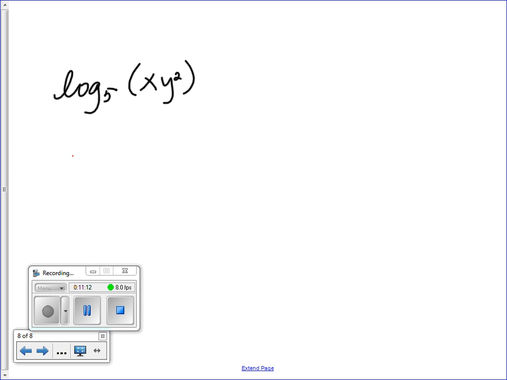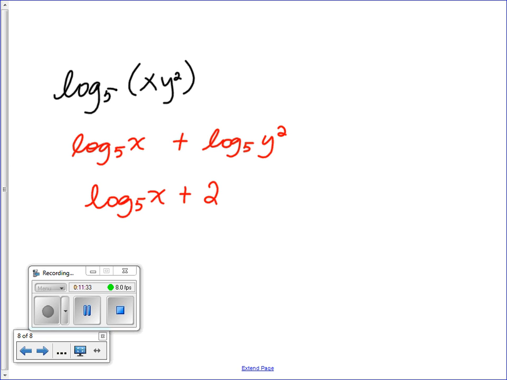Right? Log base 5 of x plus log base 5 y squared. Is there anything else that can be done to this with our properties we just learned? Yep, that 2 can come to the front. Log base 5 of x plus 2 log base 5 of y. Exactly.